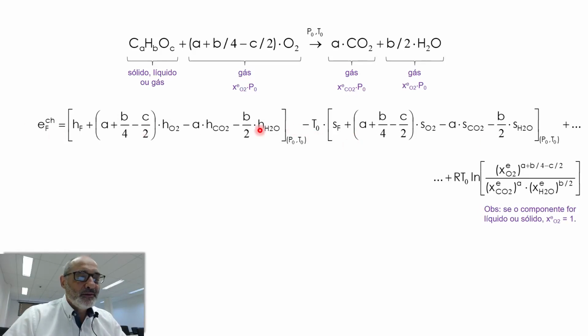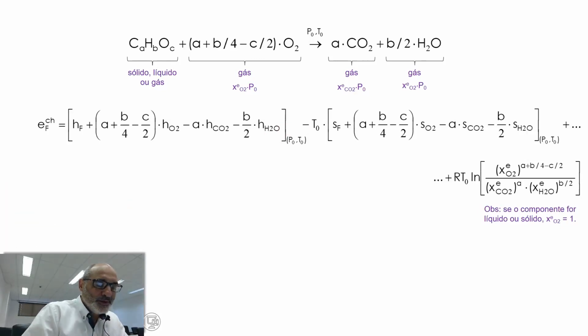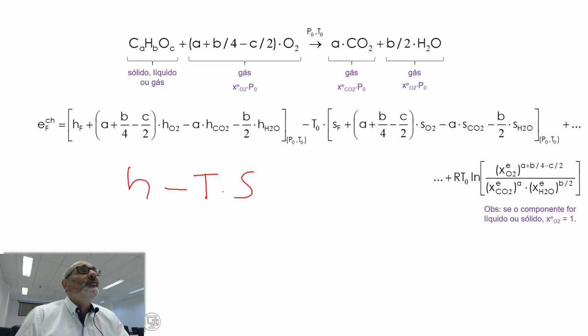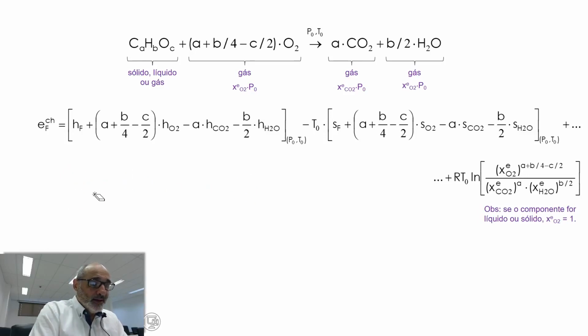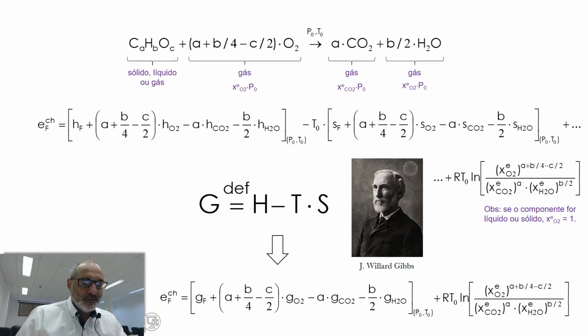So this term here, let me write it down: enthalpies minus temperature times entropy. What was this definition? This was Gibbs. We just obtained this. So we can use the definition we have from Gibbs and write the chemical exergy in terms of Gibbs free energy.